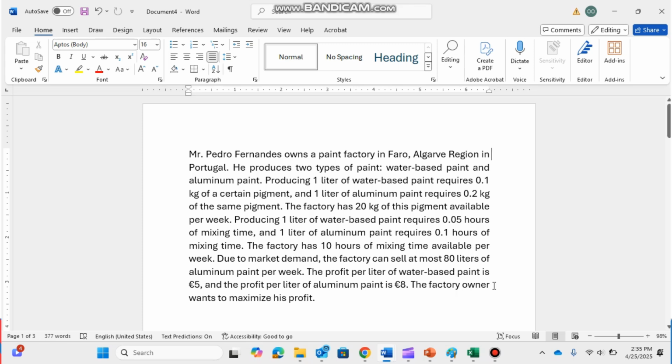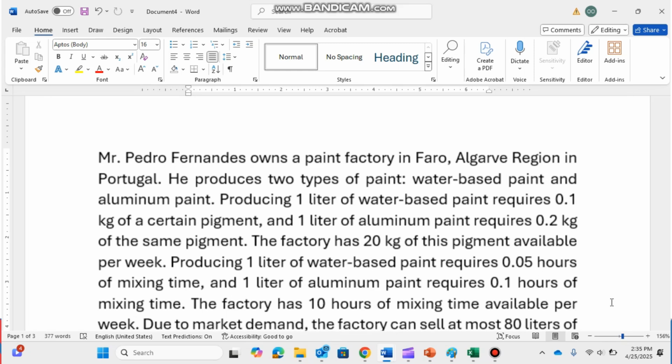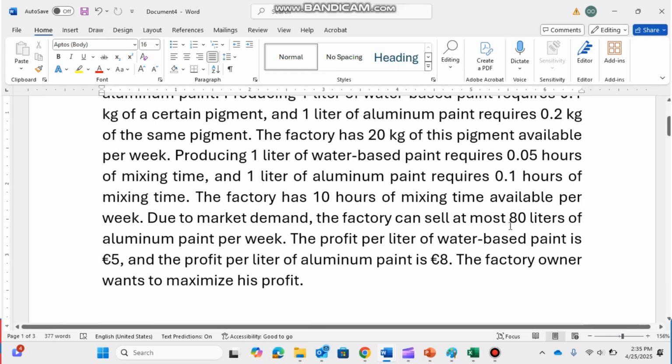Producing 1 liter of water-based paint requires 0.05 hours of mixing time, and 1 liter of aluminium paint requires 0.1 hours of mixing time. Are we together? Okay, that's perfect. So, the factory has 10 hours of mixing time available per week.